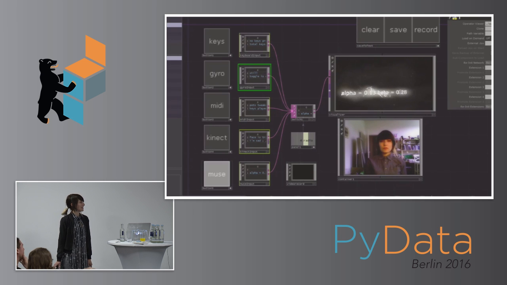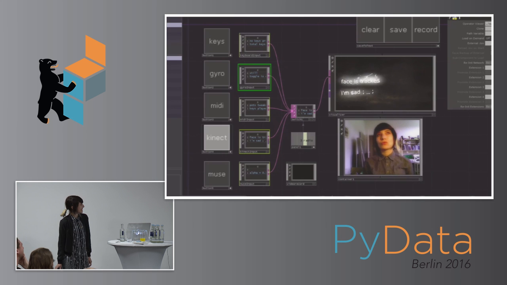It's really hard to relax. In this case, I'm using the Kinect camera and using the facial tracking to determine whether my face is being tracked at all and which face I'm making.